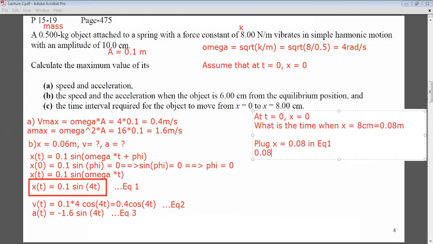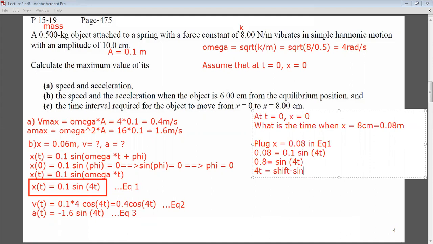So 0.08 is equal 0.1 sine 4t. We divide by 0.1. 0.8 is equal to sine 4t, or 4t is equal shift sine.